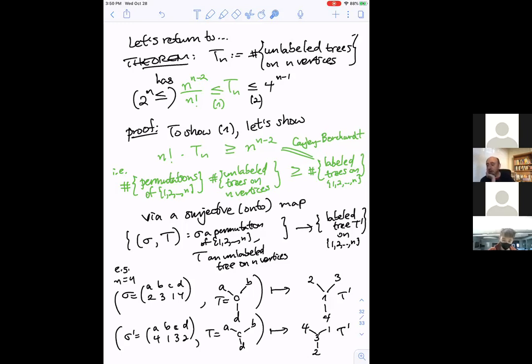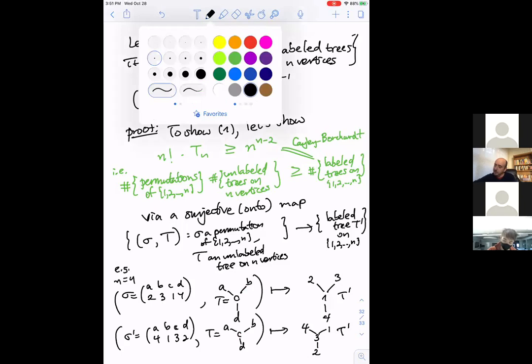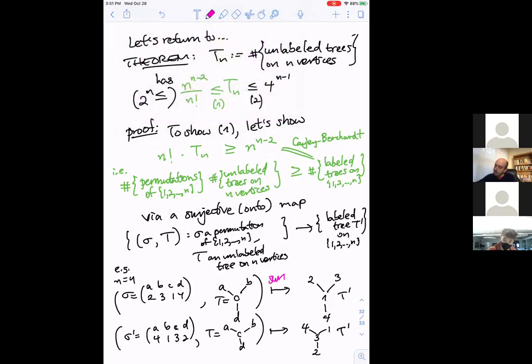So that proves that inequality. It is surjective. So inequality proven. It shows this and therefore this. Inequality number 1. Everybody okay?